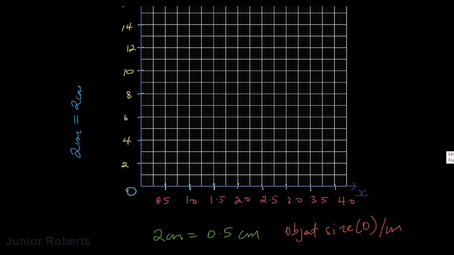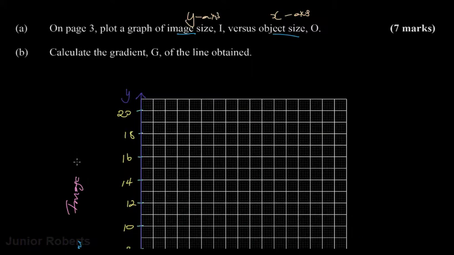And on the y-axis, I'm plotting image size, that is I in centimeters. So I have my two axes fully labeled, and I can begin by plotting my points.